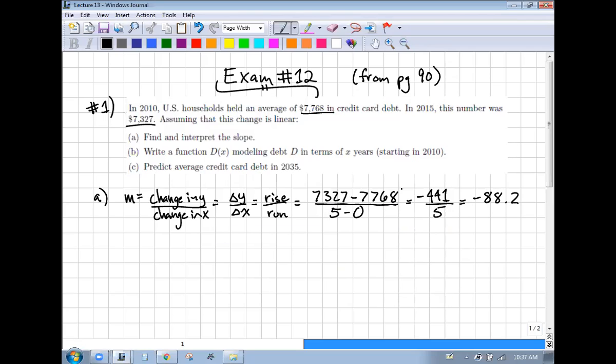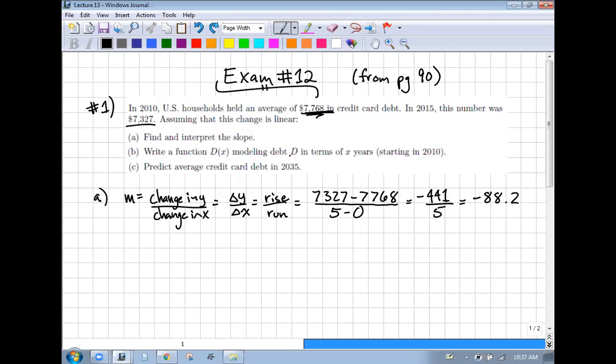So all we need is the change in the debt compared to the change in time, again, which is negative $88.2. It's negative because it's decreasing. It went from 7,768 to 7,327. So on average, that's $88.2 per year.